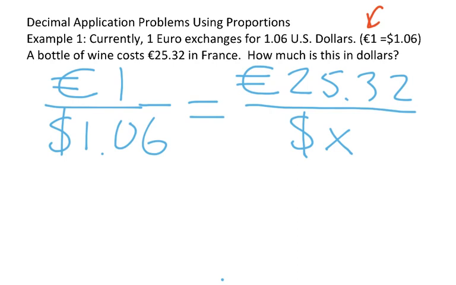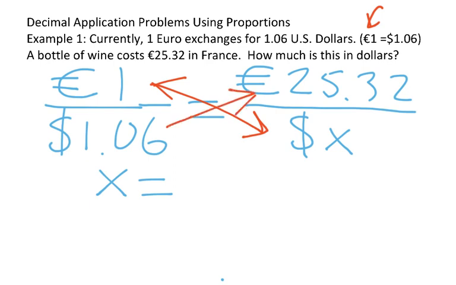Proportion problems, as you know, can be solved by cross-multiplying. So if I multiply this way, and again ignoring the symbols, I'd have 1 times x. 1 times x is x. Multiplying the other direction, again ignoring the units, we would be looking at 1.06 times 25.32.